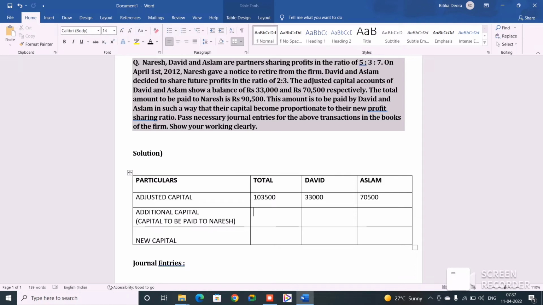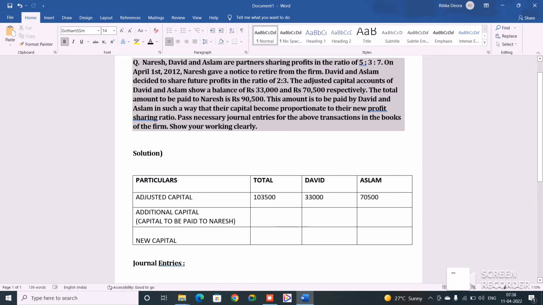We have to assume that the cash and bank balance in the firm is nil, which means that there is a need to bring in some cash in order to pay off the retiring partner, because we have to pay 90,500 to the retiring partner in cash.